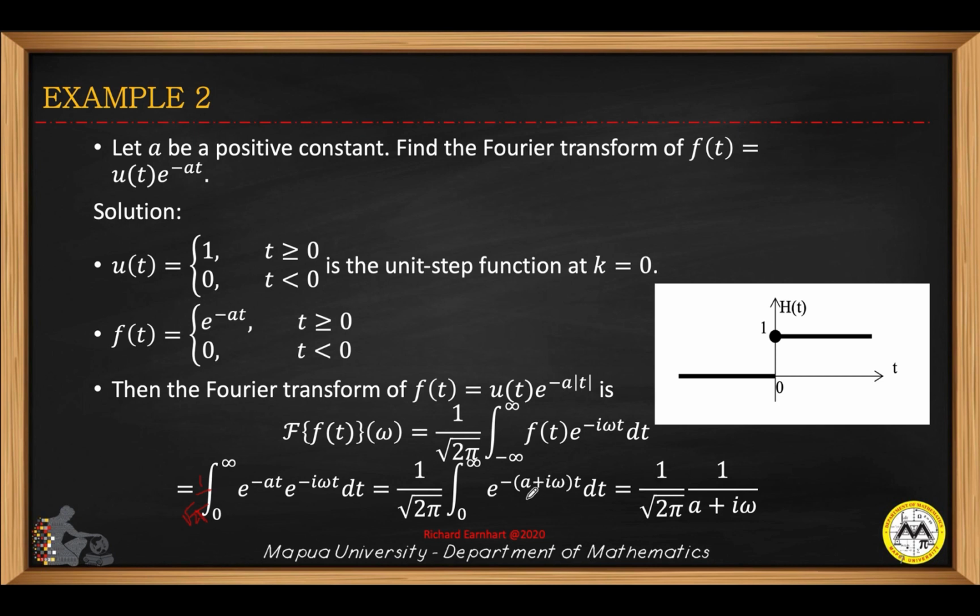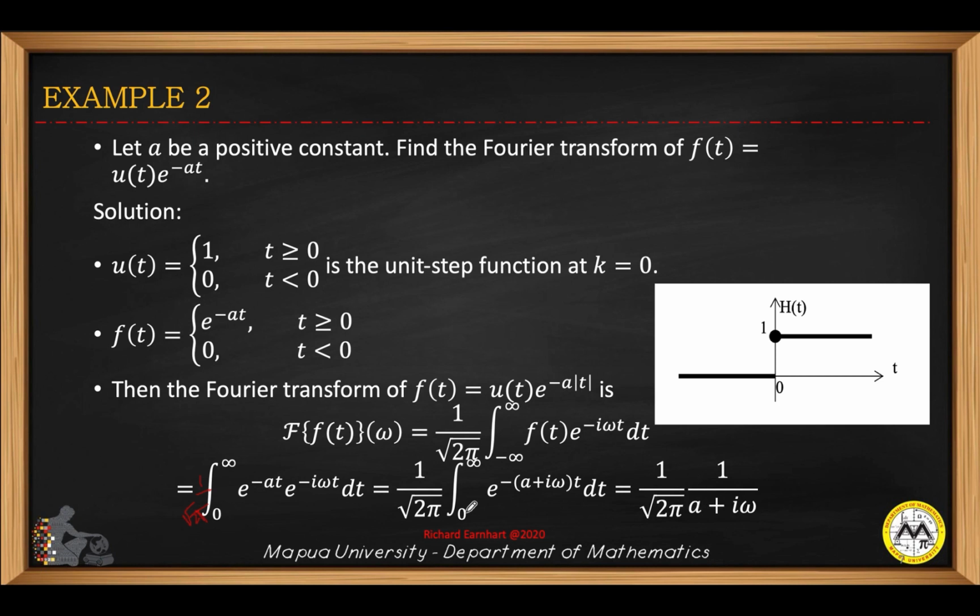So this will be treated as a constant. The integral of e to the u is e to the u, so you have a correction factor of 1 over a plus i omega. But take note that when t approaches infinity, this will be equal to 0, and when t is equal to 0, this one is equal to 1.